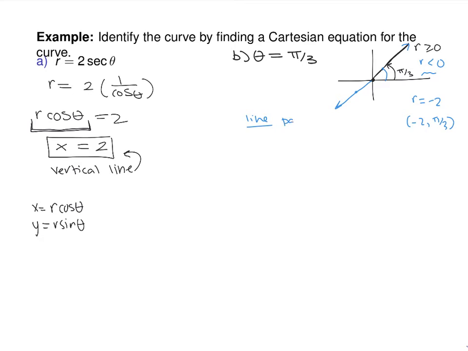It passes through the origin 0, 0. What we're going to need to do is find the slope of that line, finding one more point that it passes through. Well, you can use the fact that if this distance is 1, then you have a point on the unit circle.